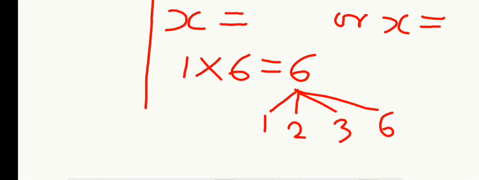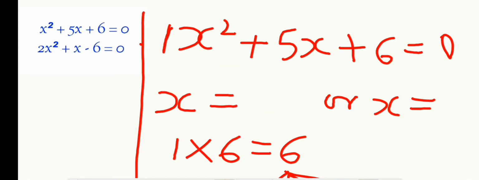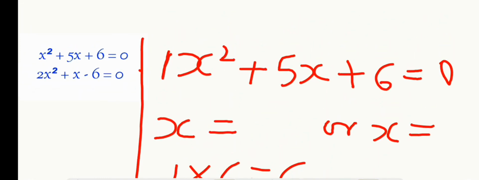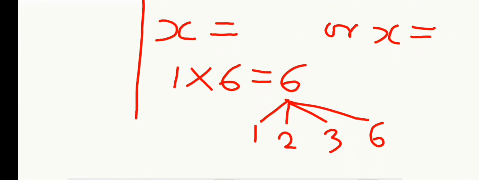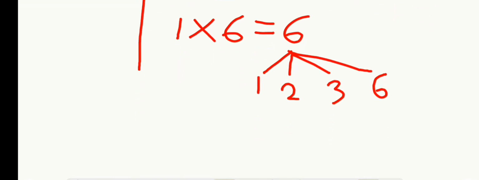But if we say 6 times minus 1, that will give us minus 6, and we don't need minus 6. Instead, we need a positive 6, because what we have here is a positive 6. So in that case, we are going to take 2 and 3. So 2 and 3 are our factors. So our factors are what? 2 and 3.